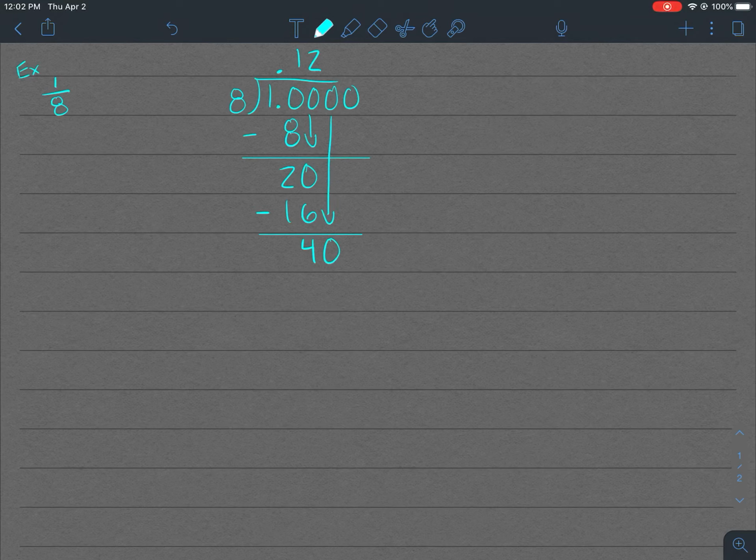It does go into 40. How many times does it go into 40? 5 times. Because 8 times 5 is 40. If you notice, 40 minus 40 is 0. So I'm all done. So the answer to this one is 0.125.